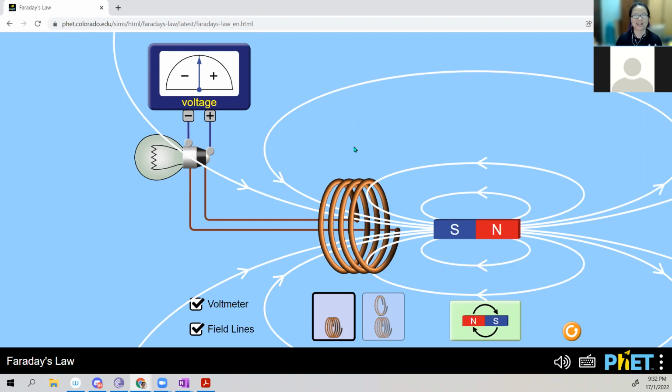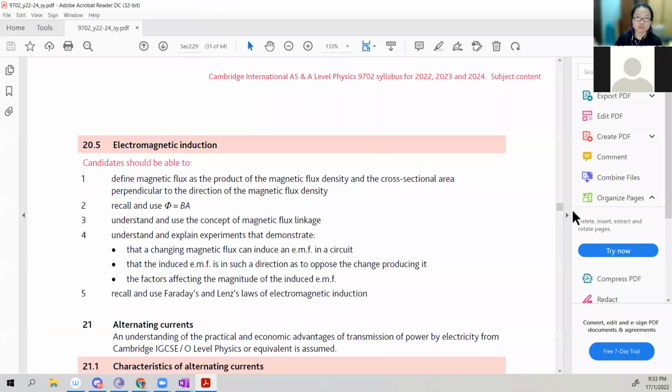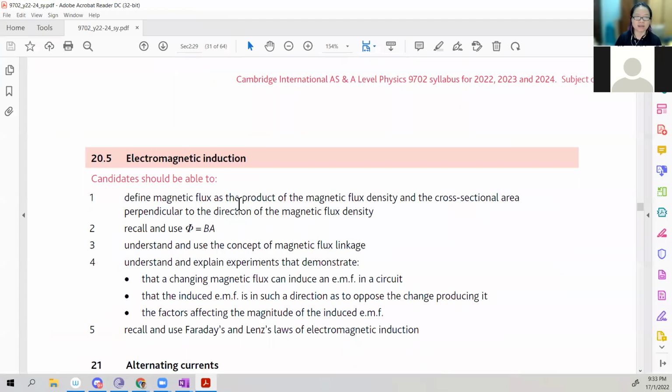Okay, so today we're going to look at basically very different types of cases and then use them for electromagnetic induction. Use the laws. But this subtopic is finished already. It's true. Define magnetic flux as product of magnetic flux density and area. Recall and use. Understand and use linkage.